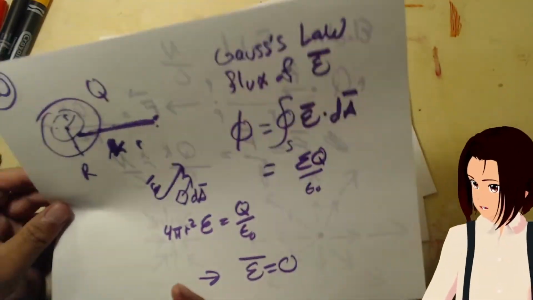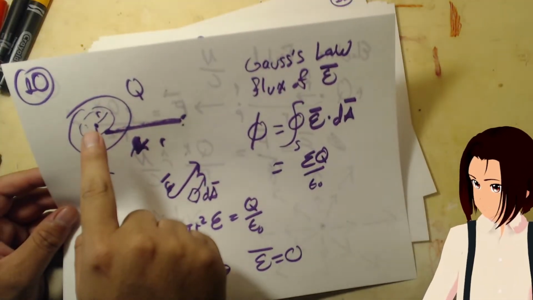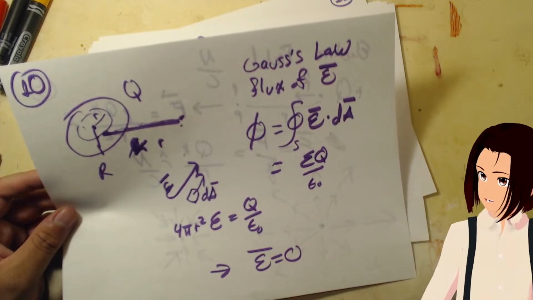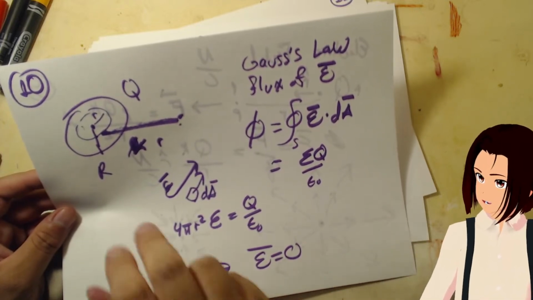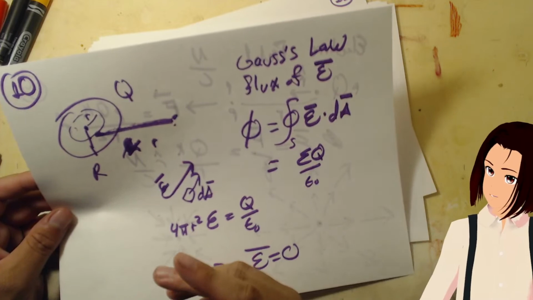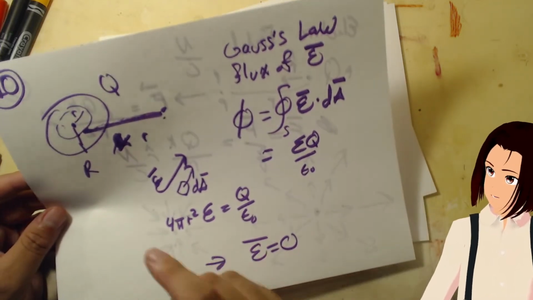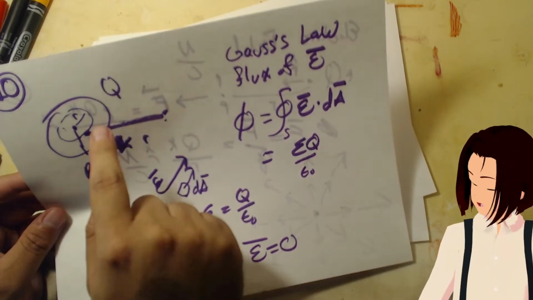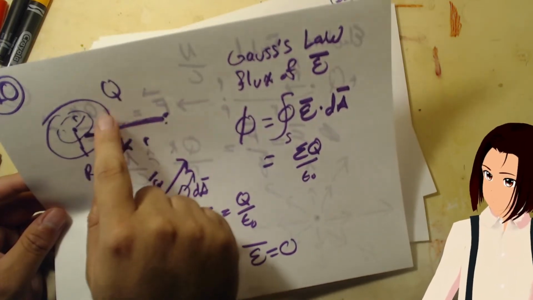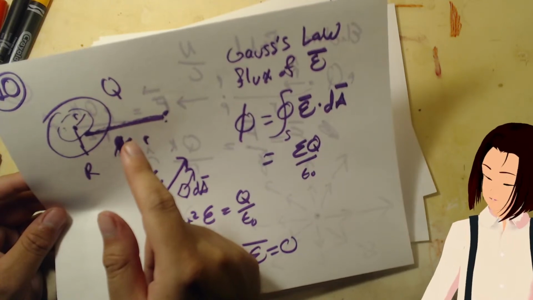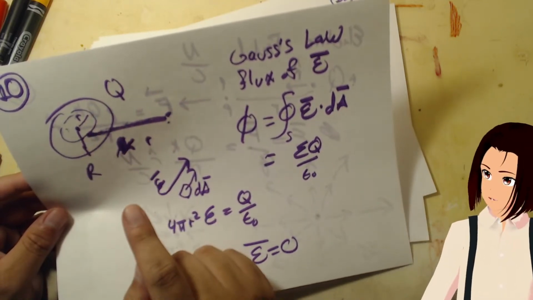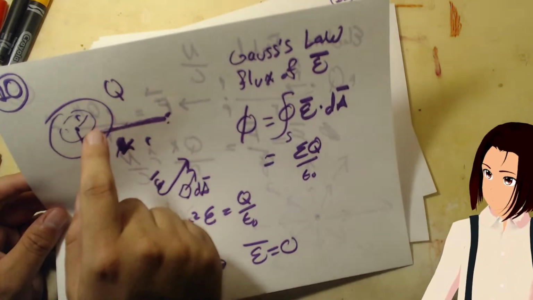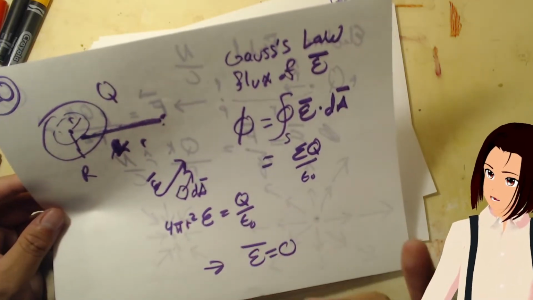What I simply did is I literally just calculated the electric field inside the sphere, and we know from Gauss's law it's 0 because of how the charges are distributed on the surface of the sphere. If it were an odd object, or if we drew our loop in a different way, to contain only some part of the Q, or if Q was only distributed on a certain part of the sphere, it wouldn't be 0.